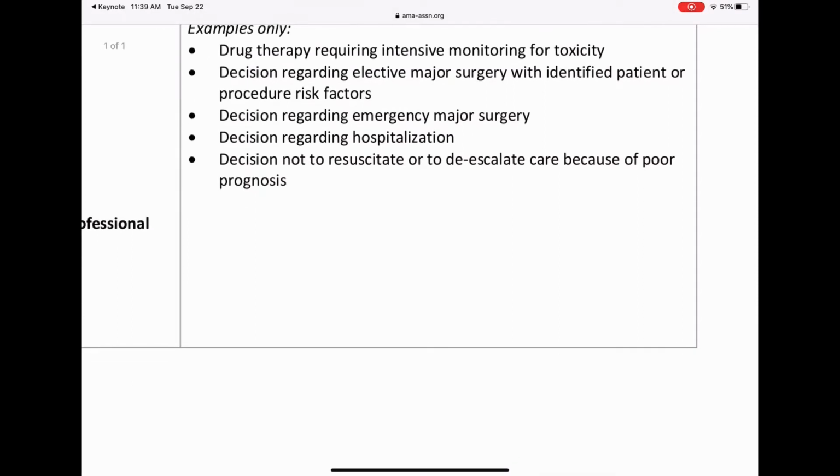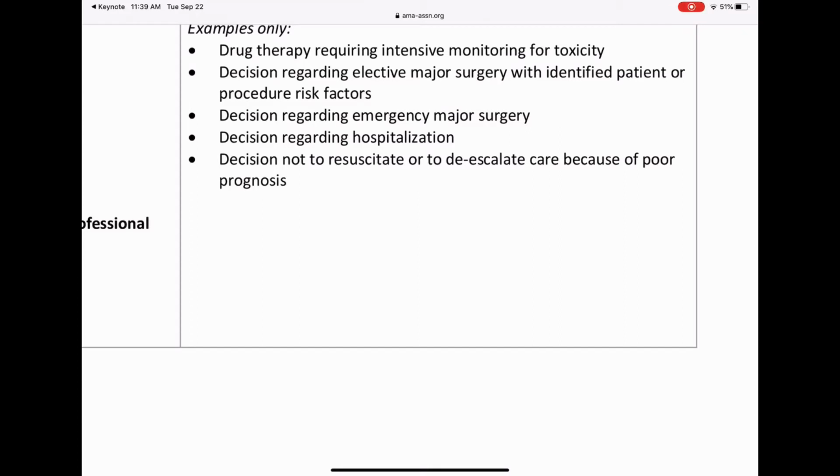And decision regarding hospitalization. See, this wasn't on the 1995 and 97 guidelines, so this is a nice one that they've added. Say the patient is in the office and you're having to decide that they may need to be hospitalized. We didn't have that before.